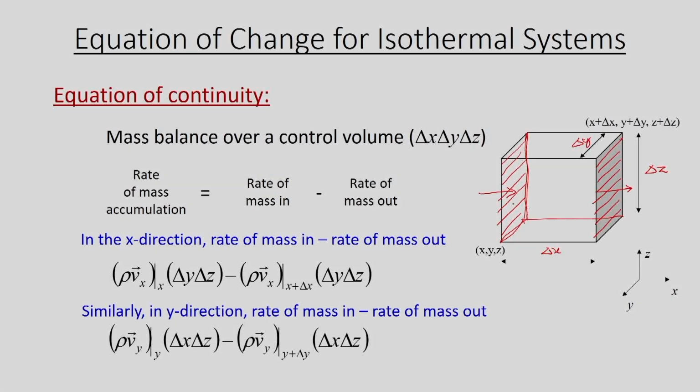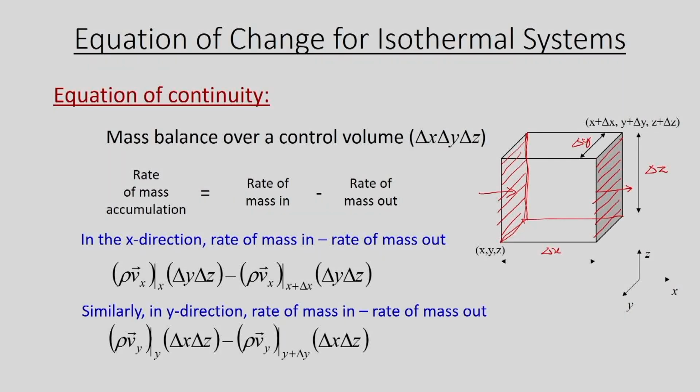Here the mass is actually entering and leaving in all three directions, x direction, y direction and z direction. So, we have to write these rate of mass in quantities and rate of mass out quantities in all three directions, and then accordingly we have to substitute in this balance equation.